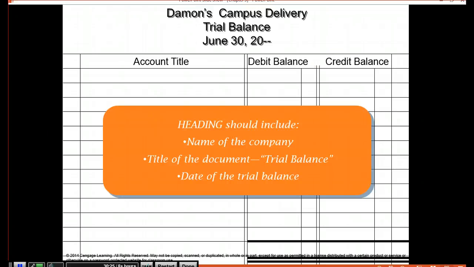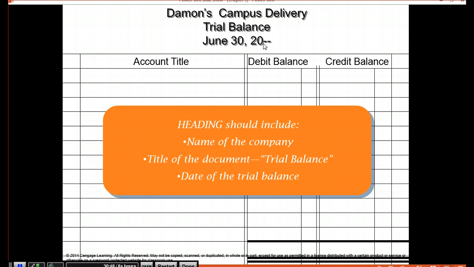Okay. Notice how it starts at the top, just like our financial statements did. Who, which is the company name, Damon's Campus Delivery. What, which is the name of the statement or the work paper, which is trial balance, and then when.